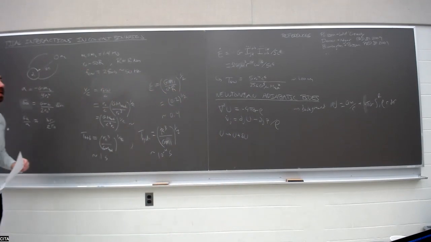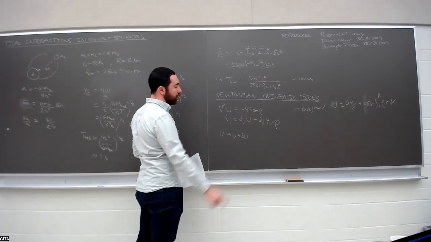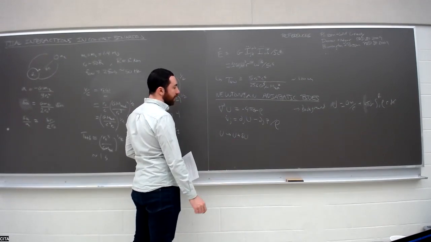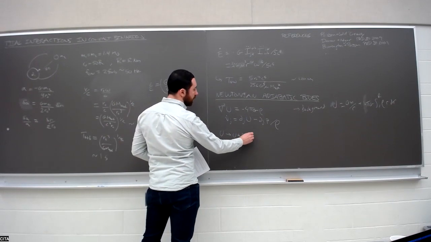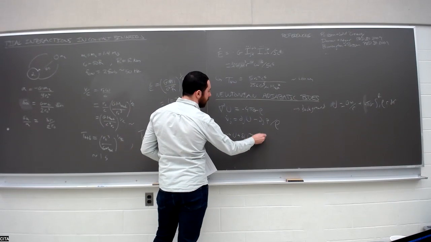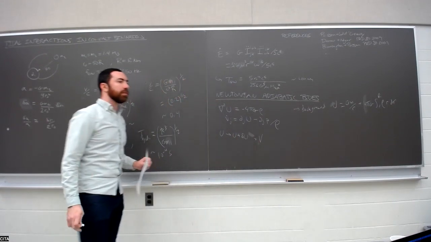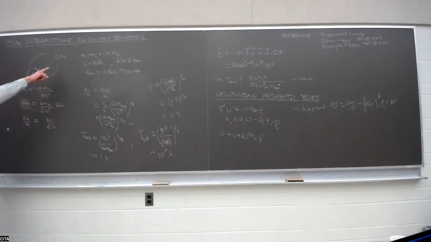But it will be convenient to think of this perturbation delta U as having 2 pieces: one is the tidal response of the body, and one is the applied tidal field, which I'll write as V, and I'll write this bit as delta U. So V is the field from the companion, and delta U is the response of this object to the applied tidal field.